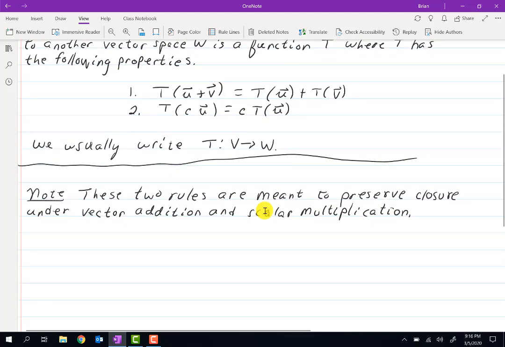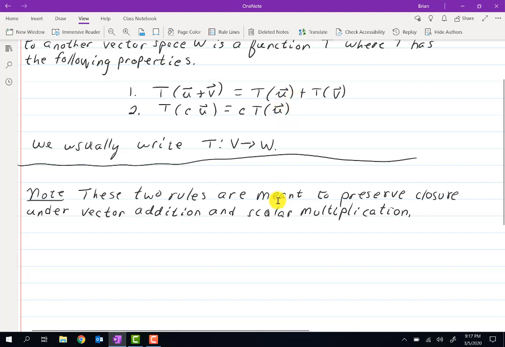As you can see, these specifically look like they were made for vector spaces, don't they? It takes a sum of two vectors and sends it into W where it's a sum of two vectors. It takes a scalar multiple of a vector and sends it to a scalar multiple of a vector in W. So keep that in mind.